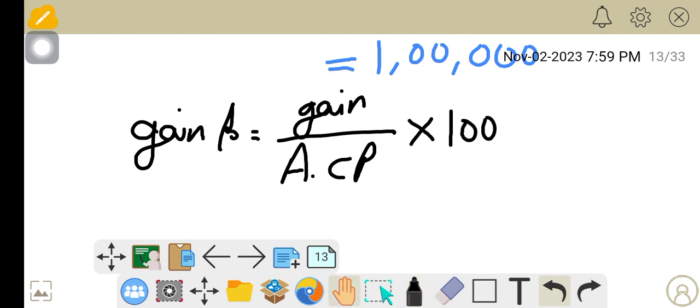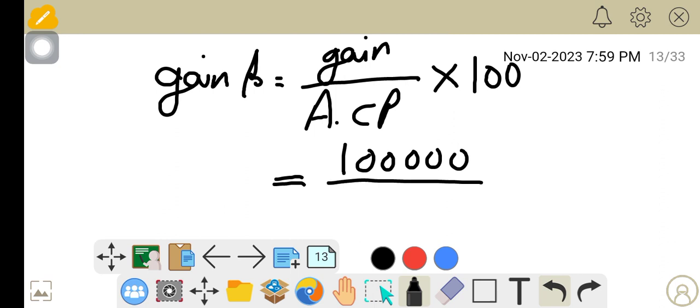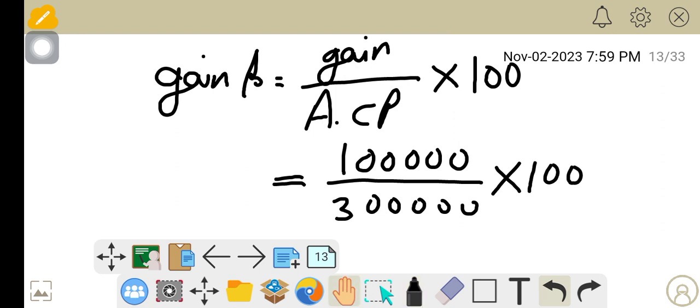We will use the actual CP in every case. Gain is 1 lakh rupees and actual CP 3 lakh rupees, and we need to multiply by 100 for the percentage purpose.